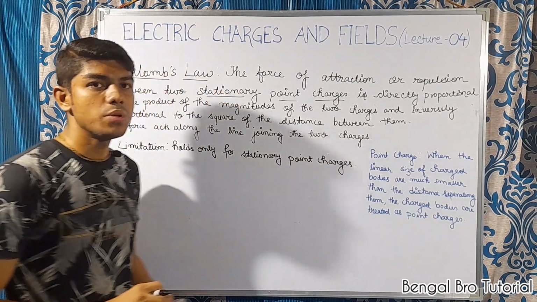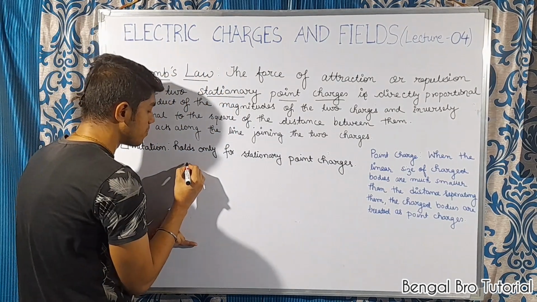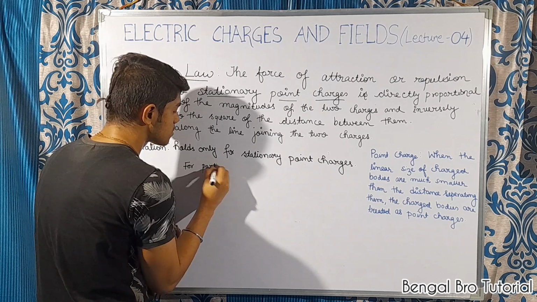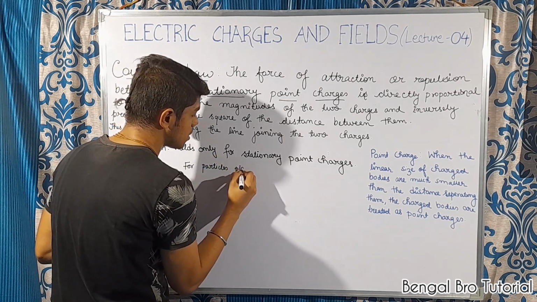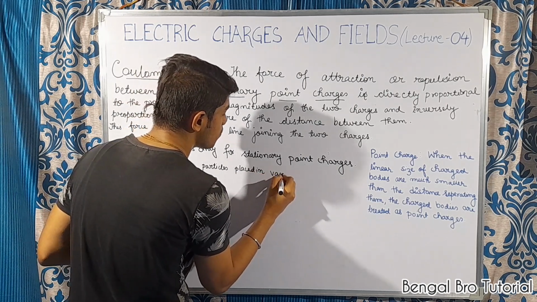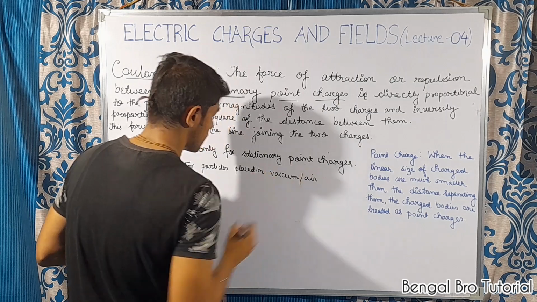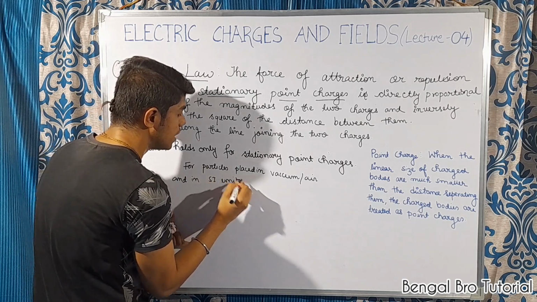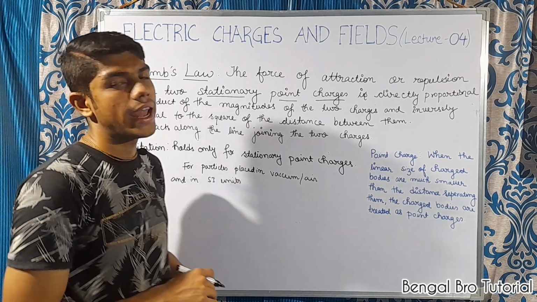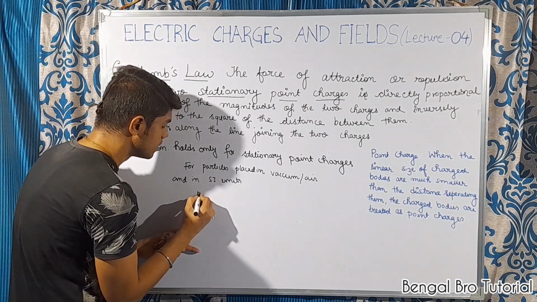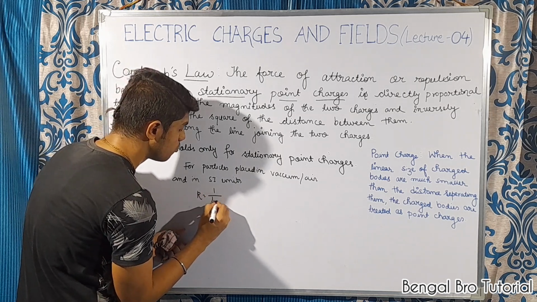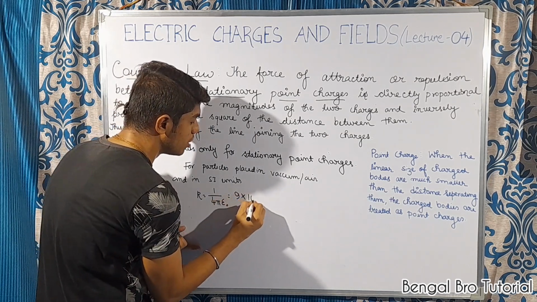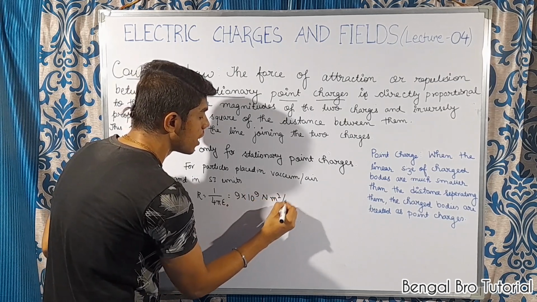Now, when there is no medium between the charged particles, that means the charged particles are placed in vacuum, for charged particles placed in vacuum or in air and in SI unit, means we are measuring the values of F, Q1, Q2 and r in SI unit, the value of k will become equal to 1 by 4 pi epsilon naught, which is equal to 9 into 10 to the power 9 Newton meter square per Coulomb square.